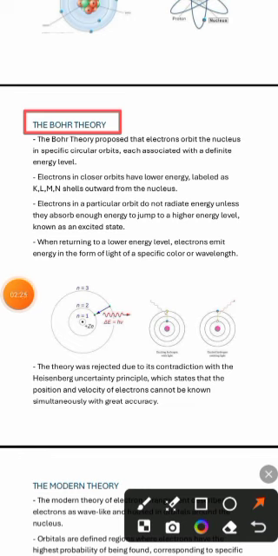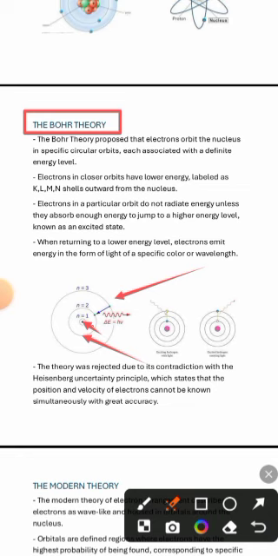Now we can see the orbits that the electrons orbit around: the first energy level, the second energy level or shell, and the third energy level or shell.